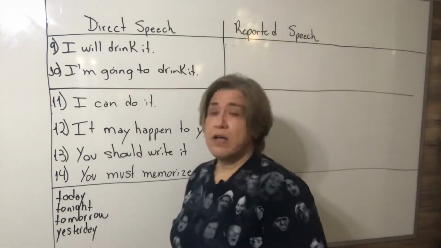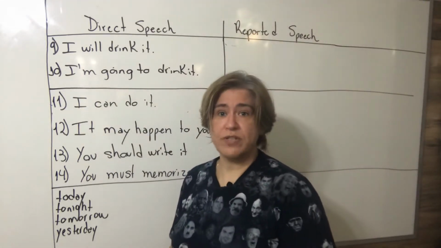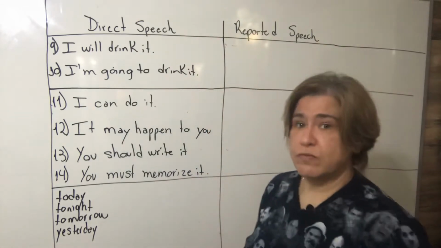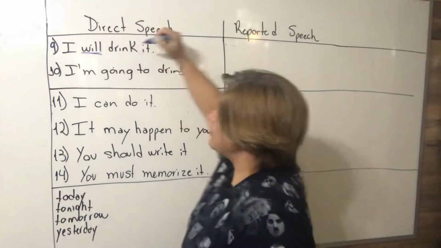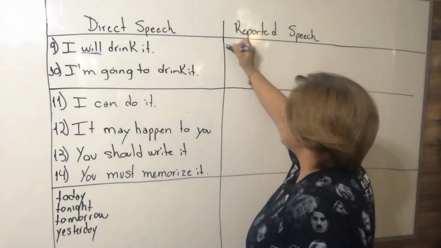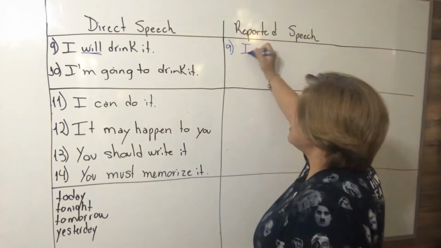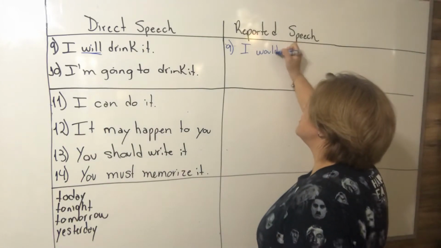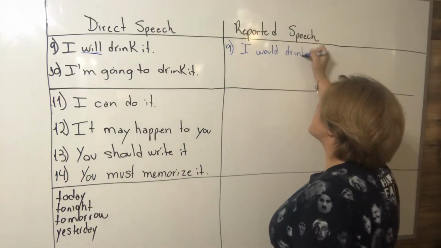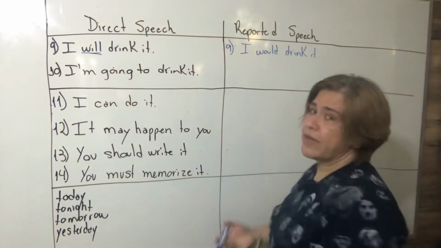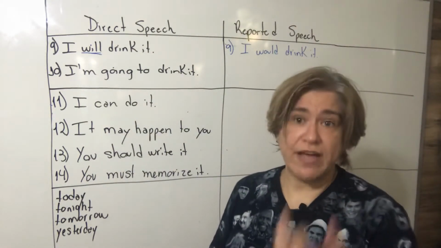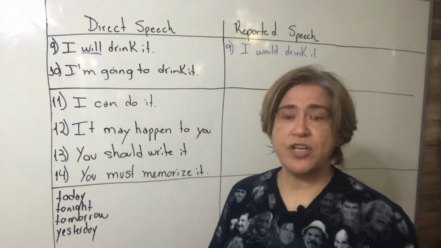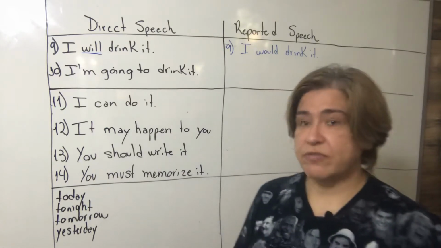I will drink it. Will, simple future. The past of will, students, is would. You're going to say, I would drink it. Okay? So if you have to put the auxiliary in past, and you will have to do it in reported speech, it is going to be would, the auxiliary.